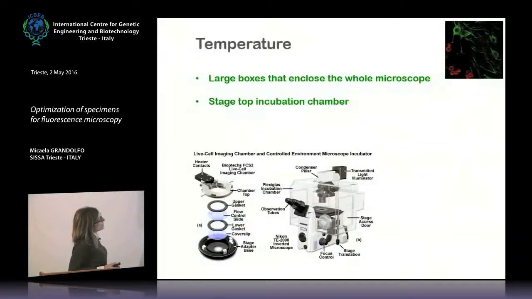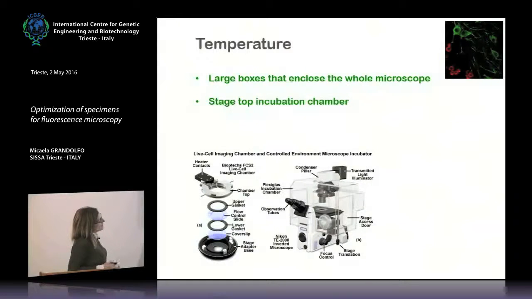In this case, you need to work with large boxes that enclose the whole microscope, or small chambers. The advantage of working with large boxes is that when you reach the selected temperature, the system is really, really stable. The weak point is that it takes several hours to reach the temperature, and it is very expensive.